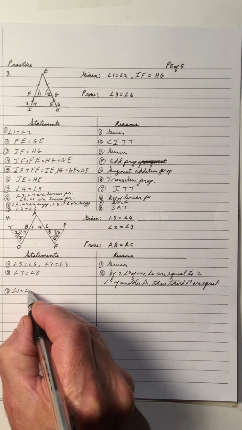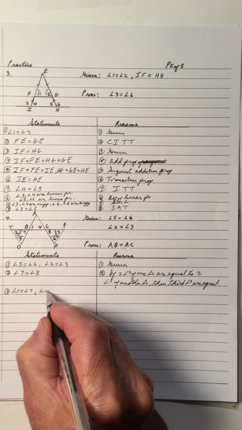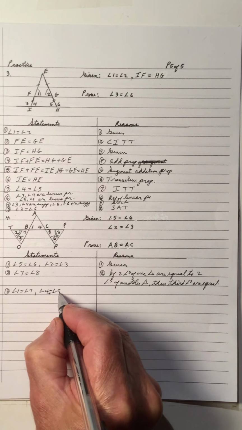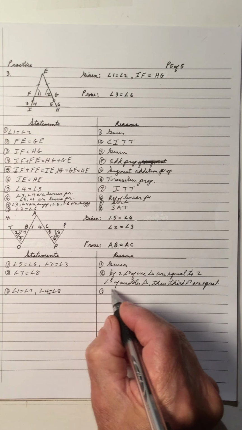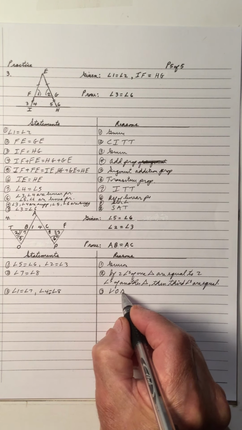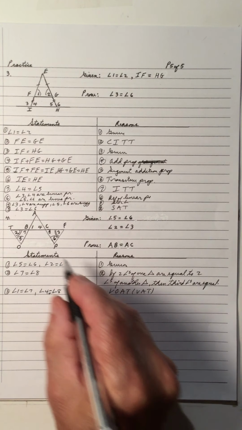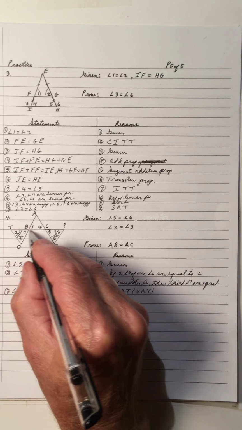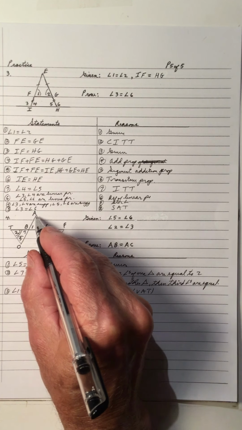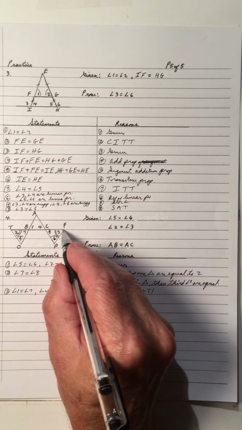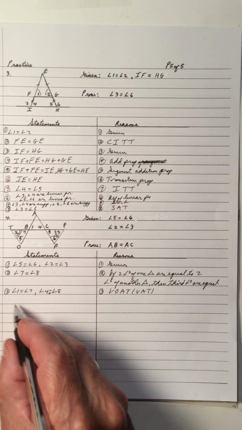Angle 1 is equal to angle 7. Angle 4 is equal to angle 8, and that's VOAT or VAT, vertically opposite angle theorem. Pair of lines intersecting, vertically opposite angles equal. This pair of lines AP intersects TF, so these vertically opposite angles are equal.